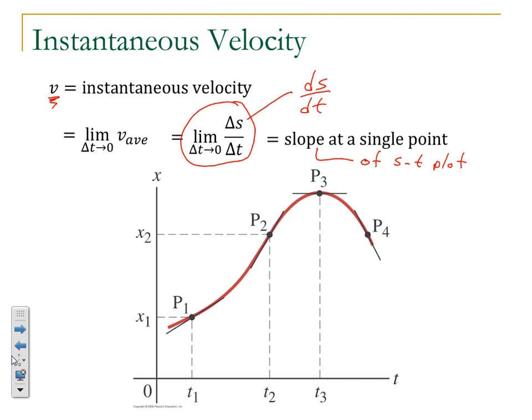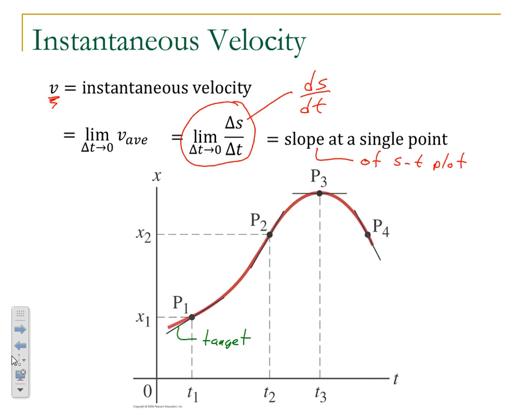Okay, so here's a figure from your book that shows a position. They used x for position. We had used s. But they used x, some position plotted versus time t. And at 4 different times here, they have drawn a tangent curve. So this black line here is a tangent line to the red line at time 1.